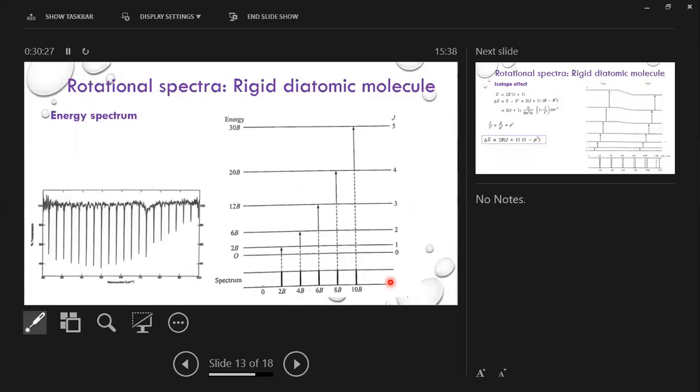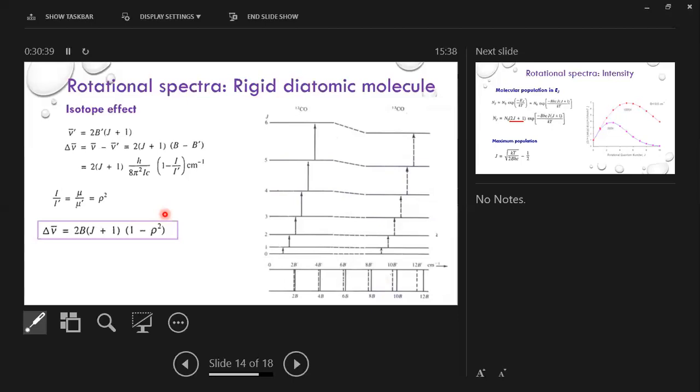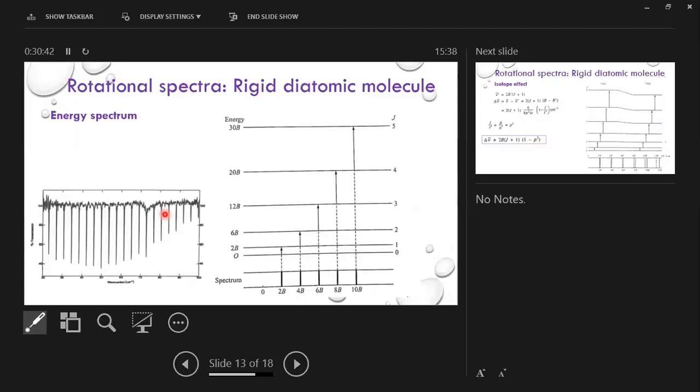Now, as I have mentioned, from this spectrum all these lines have different intensities. So can any one of you please tell me why these intensities are different? Any idea? Any other options?